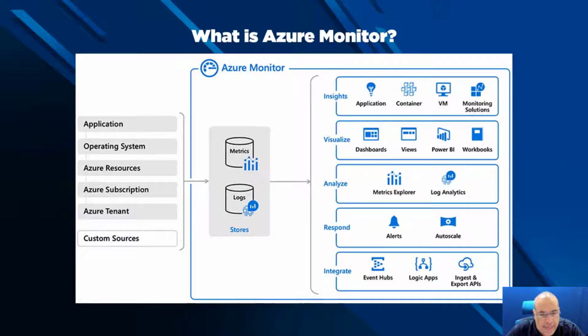You can visualize that through dashboards, which we're going to look at a lot, views, BI or workbooks. We're not going to look into BI or workbooks right now. You can also do some analytics around Metrics Explorer and analytics. We're going to look at the Metrics Explorer a little bit, as well as some log analytics. And then we're going to see how you can generate alerts. We're not going to cover autoscale or the integration. It's just too much to cover.